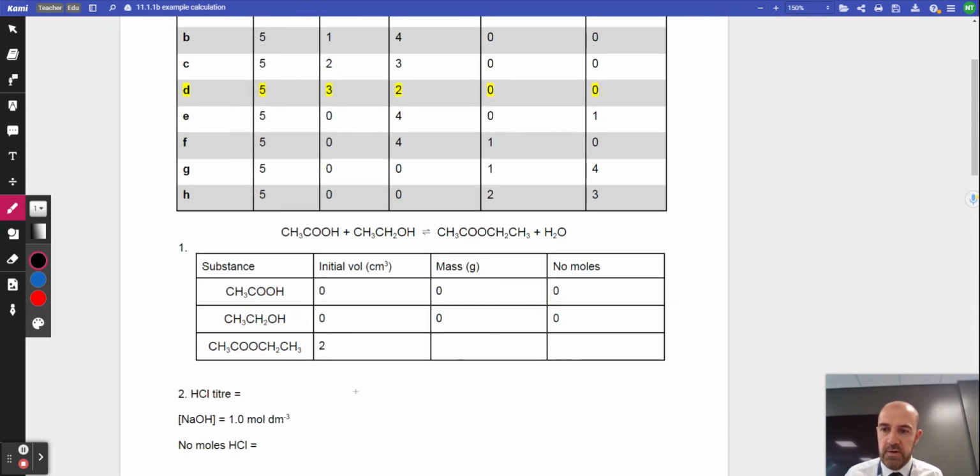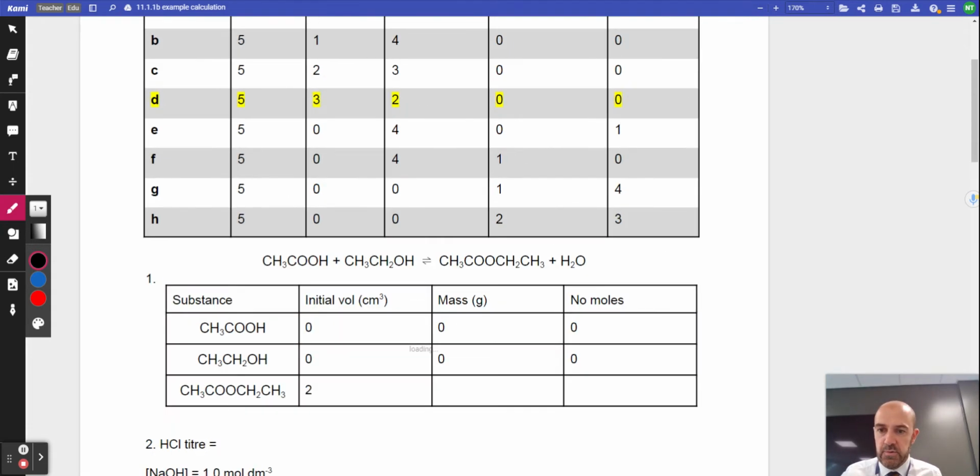So in question one, we're asked to look at the mass of each of the reactants that are listed and then work out the number of moles. Now, if we do that for experiment D, we had no ethanoic acid and no ethanol to start with, and we had 2 centimeters cubed of the ester, so ethyl ethanoate.